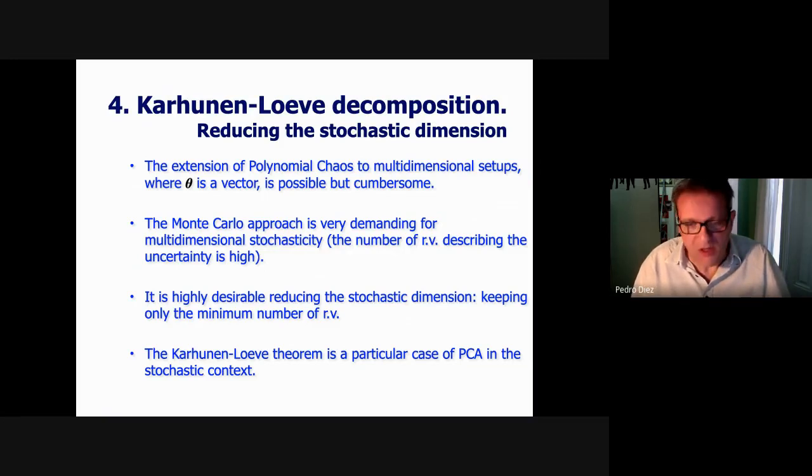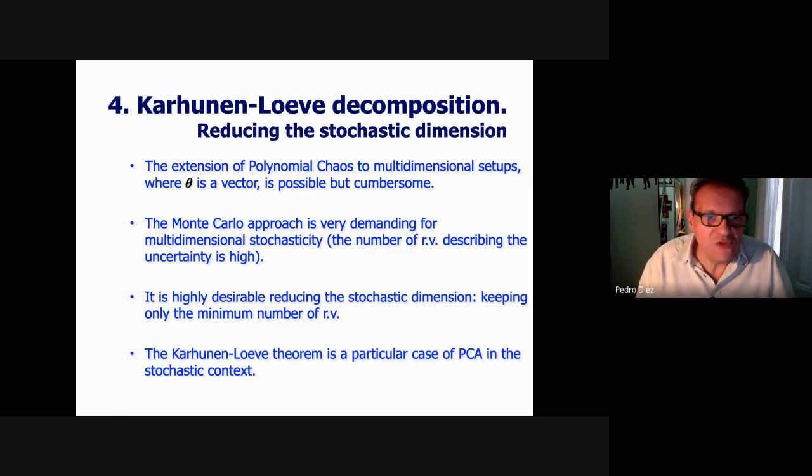So we look forward to reducing the dimension. And the Karhunen-Loève methodology, theorem or expansion, is a particular case of the principal component analysis we have seen in this course before, applied to the stochastic context.